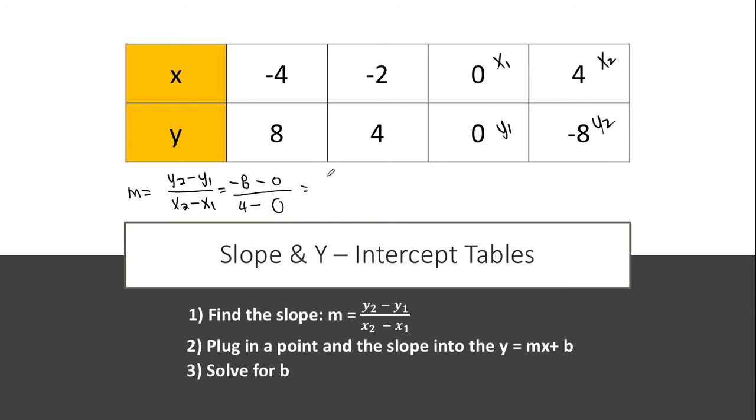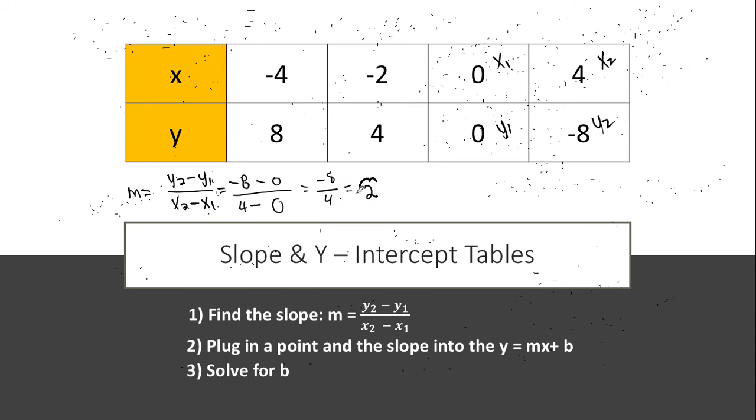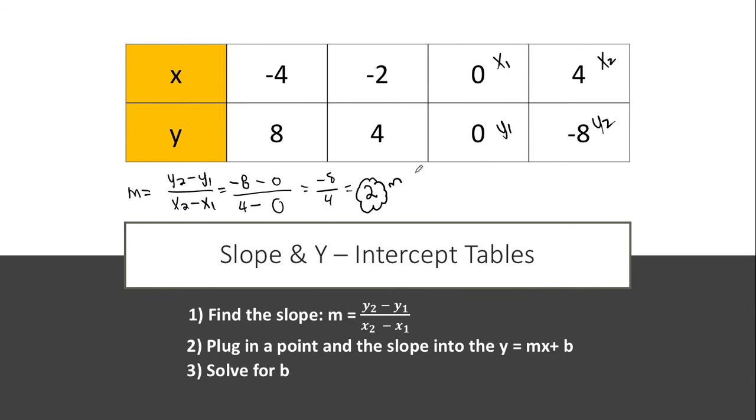Negative 8 minus 0 is negative 8. 4 minus 0 is 4. Negative 8 over 4 is, sorry, negative 2. You're right, thank you for correcting me.